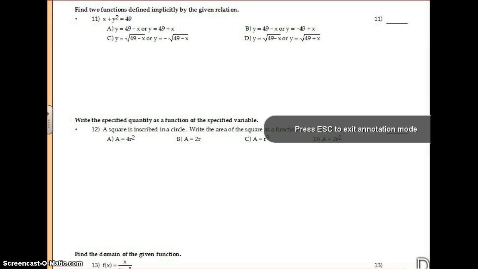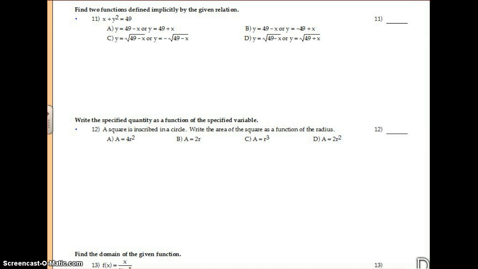All right, for question 11 it says find two functions defined implicitly by the given relation. Obviously, if you look at your multiple choice answers, all you're doing is solving for y here. So my original function is x plus y squared equals 49. I'm going to get y by itself. Subtract x from both sides. Y squared equals 49 minus x.